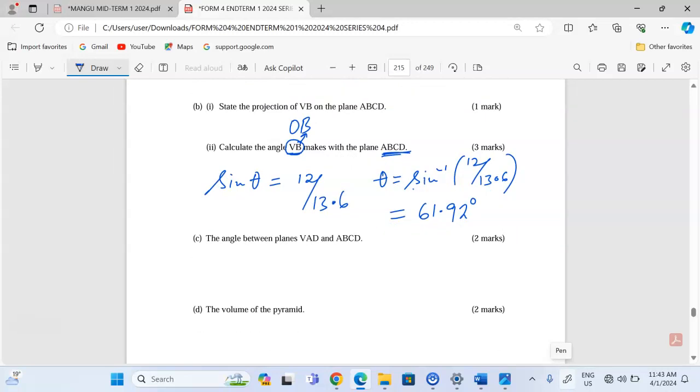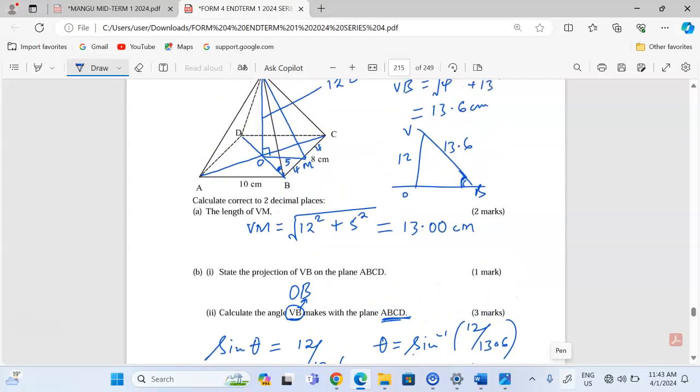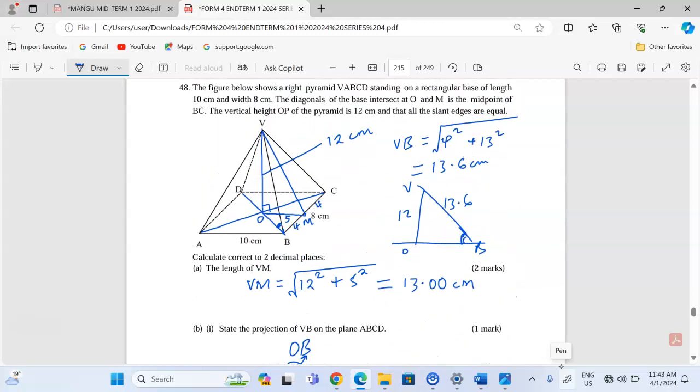We have part C now. The angle between planes VAD and ABCD. VAD is the plane on the left hand side with the base. For us to get the angle between two planes, we first identify the line of intersection between the two planes, and that is line AD.